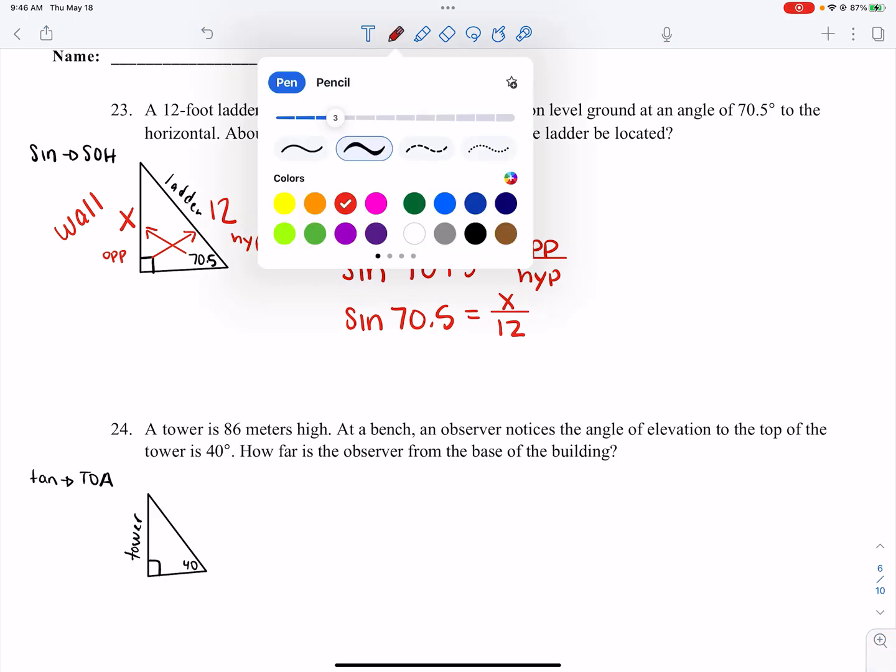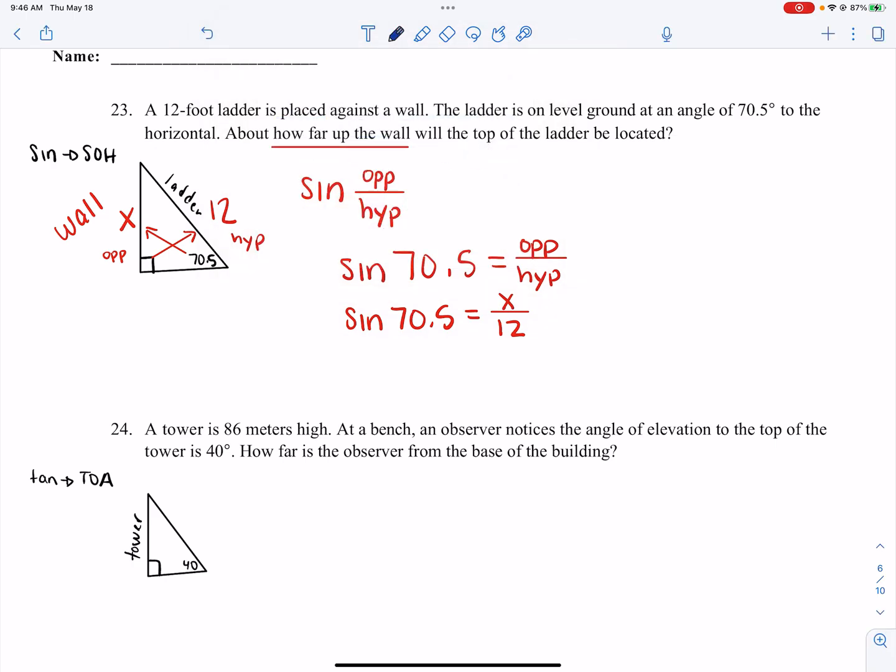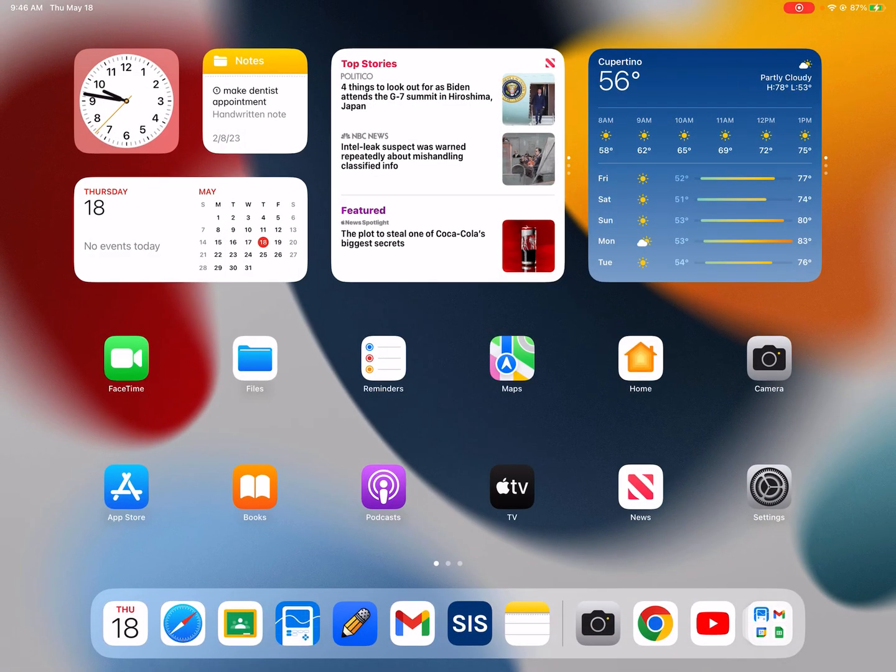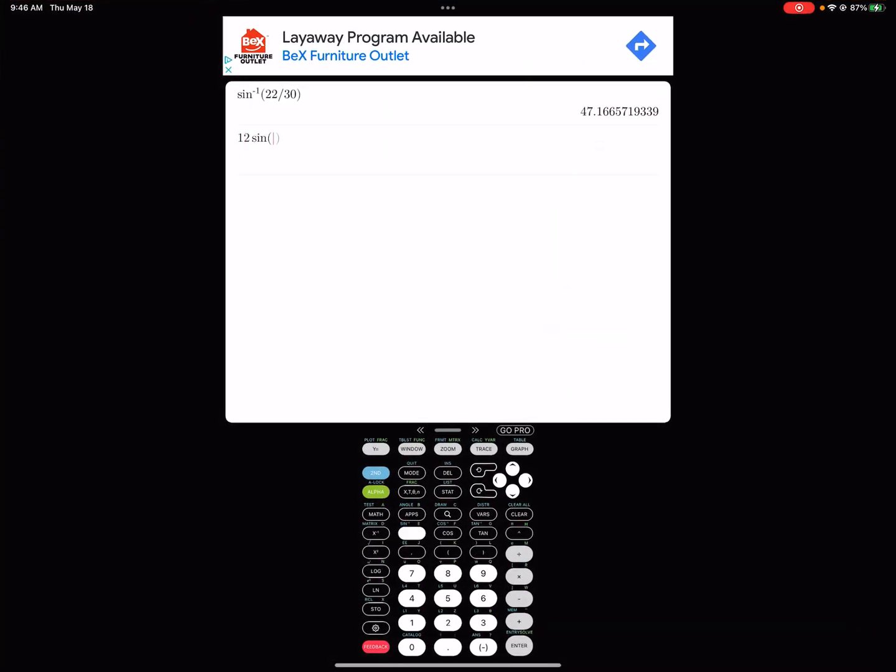In order to figure it out and solve for x on my calculator, I'm going to do the side length I know, so 12, then sine of 70.5. So just in my calculator: 12, sine 70.5. Close my parentheses, hit enter.